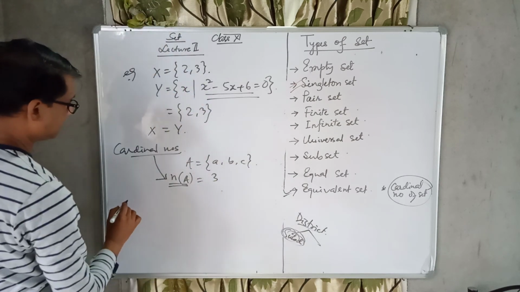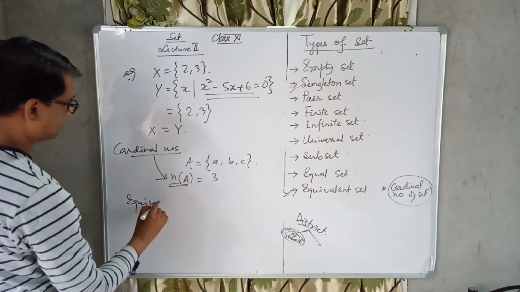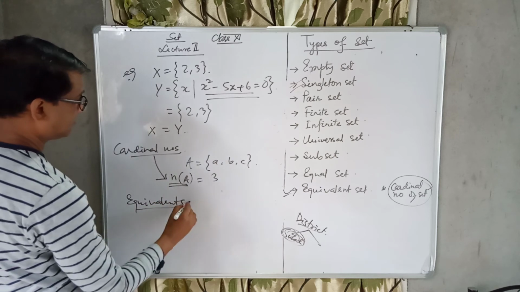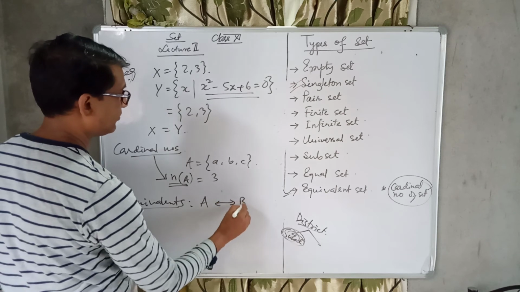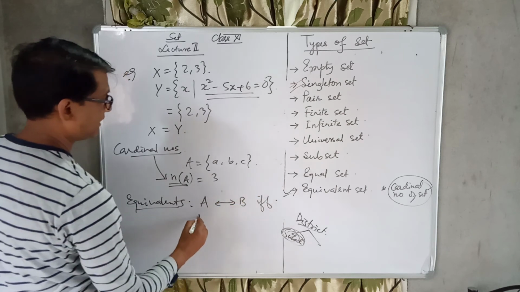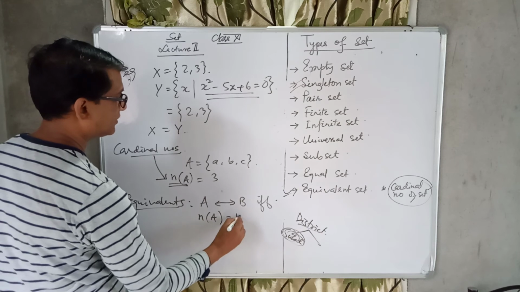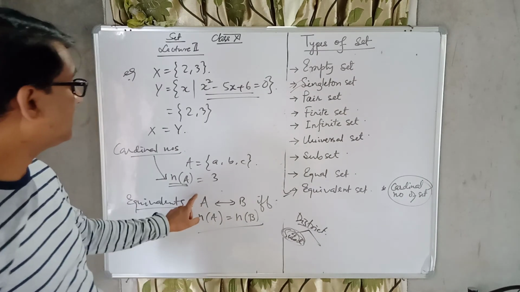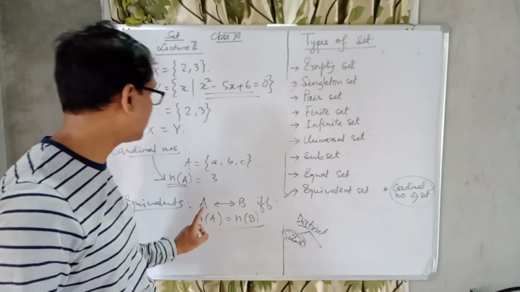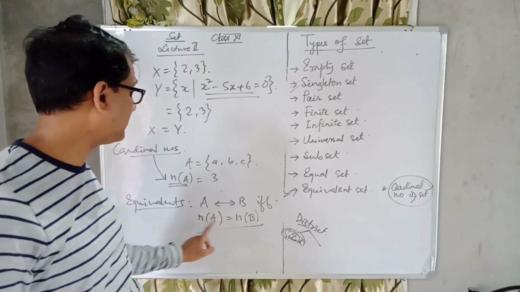Now equivalent sets. Two sets A and B are said to be equivalent, denoted A equivalent to B, if and only if n(A) is equal to n(B).